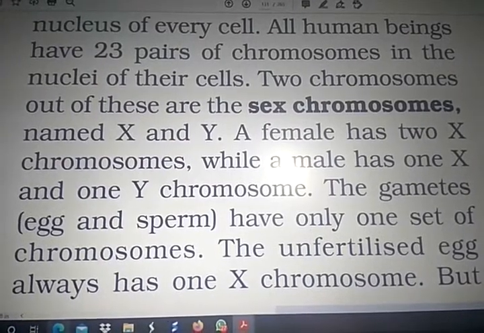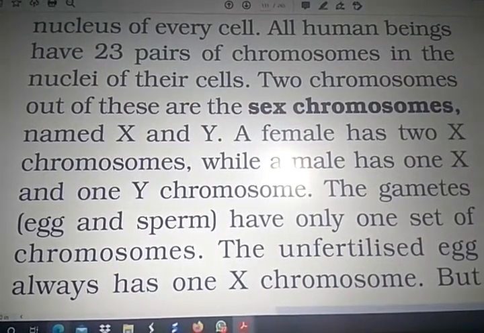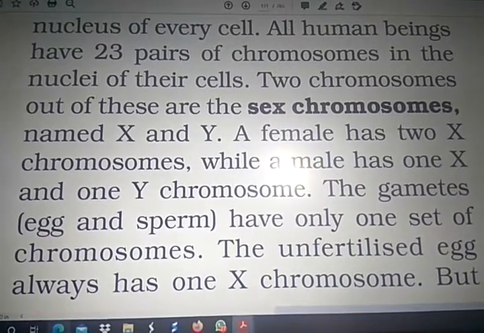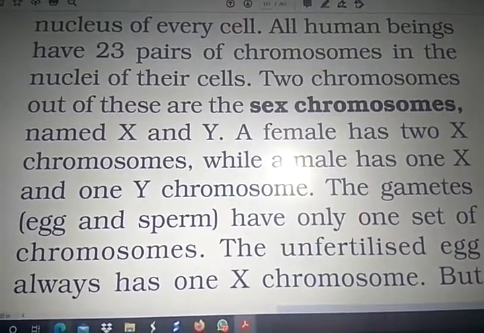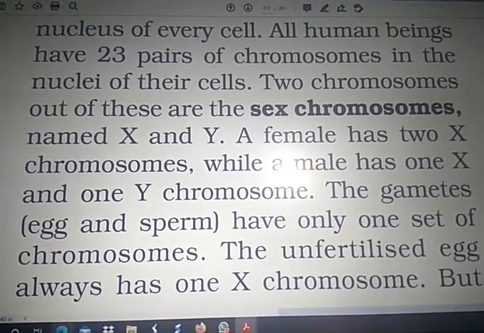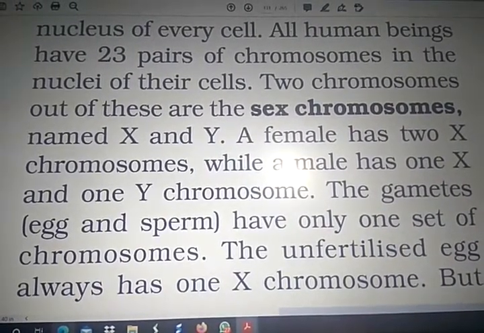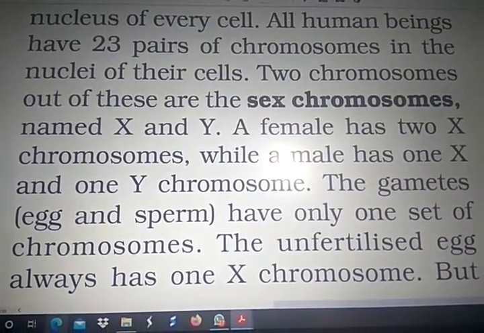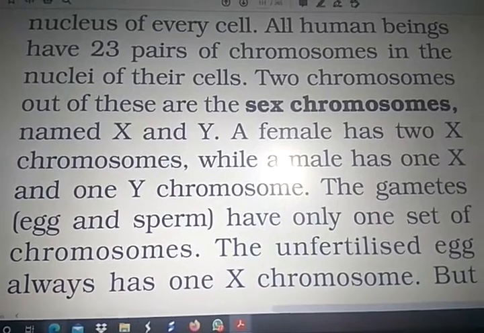Please students remember, if the child is female, she has 2 X chromosomes, XX. If the child is male, they have XY chromosomes.